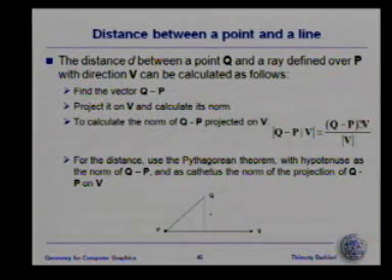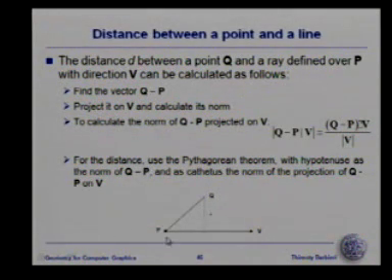Now that you have a ray in your pocket, you can start using it for a few everyday calculations, which is, for example, determining the distance between a point and a line. So here, you have a line represented as a ray.